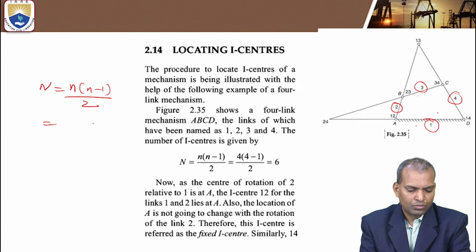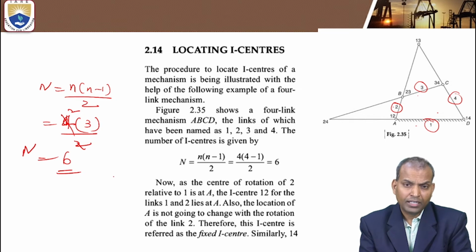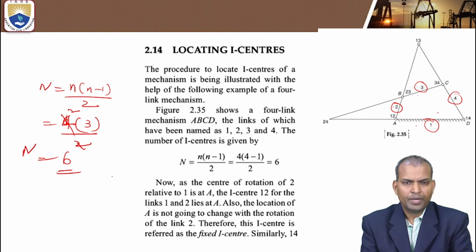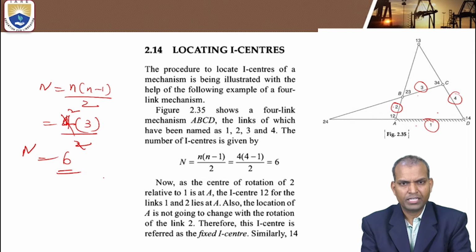Here n equals 4, so 4 into 4 minus 1, that is 3, by 2. That is 6. The number of instantaneous centers is 6. What are the types of instantaneous centers? I just discussed them, but we will also find out the notation of instantaneous centers. There are various methods.